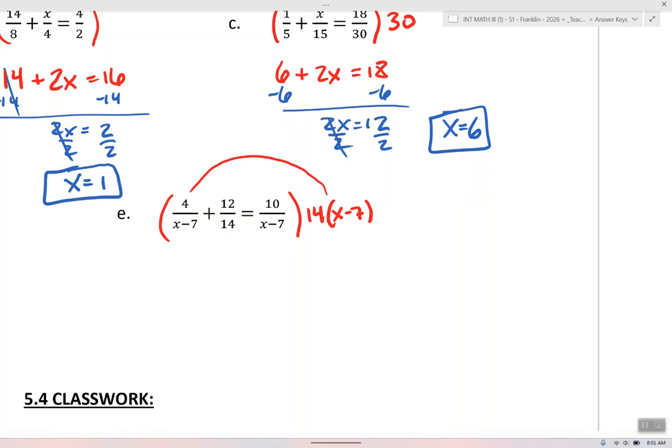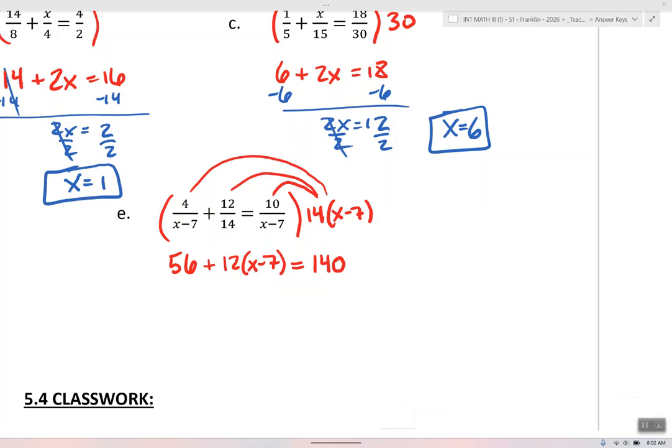And so I'm really just doing 14 times 4, which is 56. Plus, and here again, the 14's cancel out, and I've got 12 times x minus 7 equals, and then here, the x minus 7's cancel out, 14 times 10 is 140.